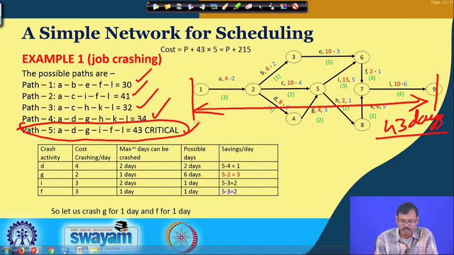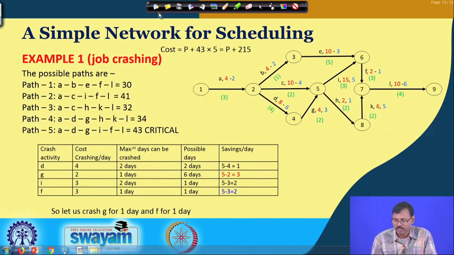So, this is the critical path, and now if we consider that the per day indirect cost is 5 units, it may be dollars, it may be rupees, whichever it is.